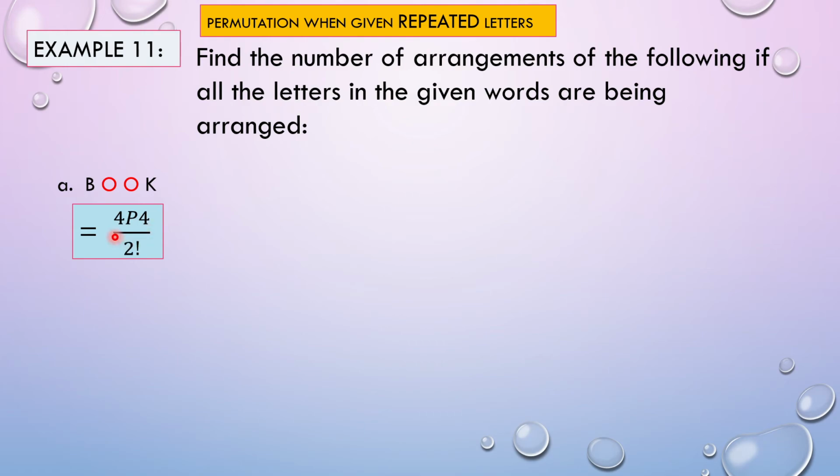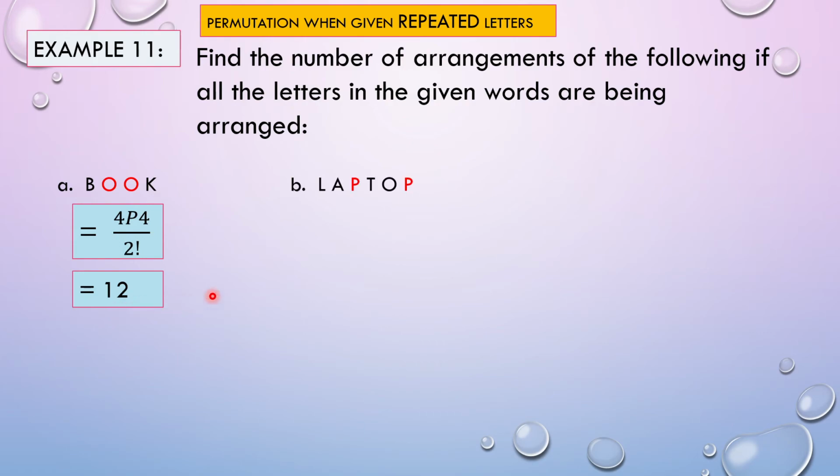Next, you need to divide by 2 factorial. Why 2 factorial? Because the letter O is being repeated twice. So you have 2 O's, so you divide by 2 factorial. Next, you simplify. Therefore, the final answer is 12.